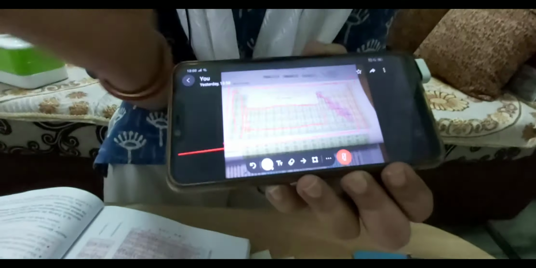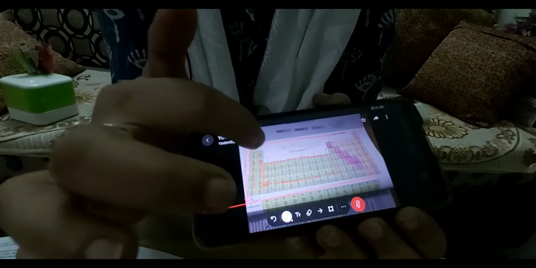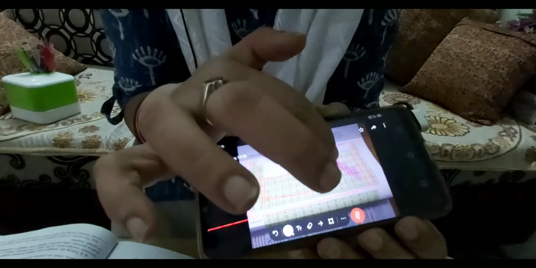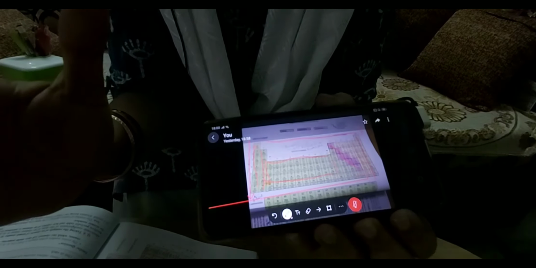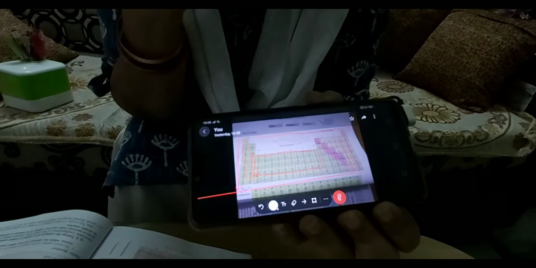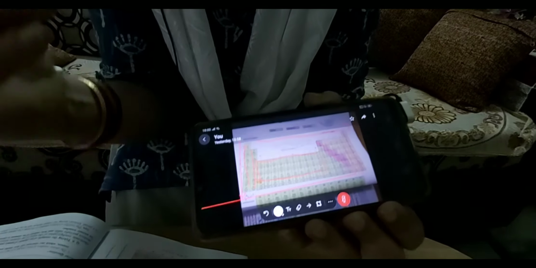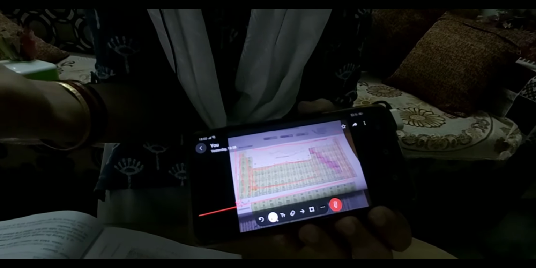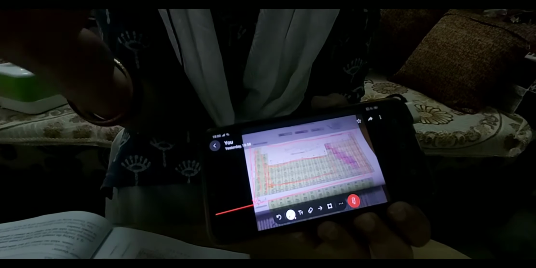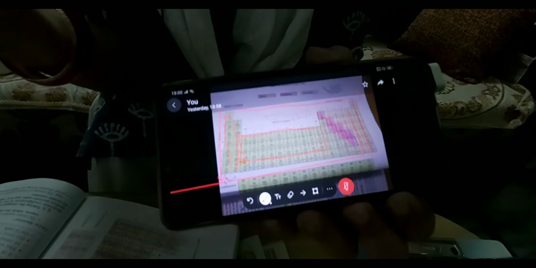Elements belonging to the third group to the 12th group and periods 4, 5 and 6 are also called the transition elements. I repeat, elements belonging from groups 3 to 12 and belonging to the periods 4, 5 and 6 are also called transition elements.